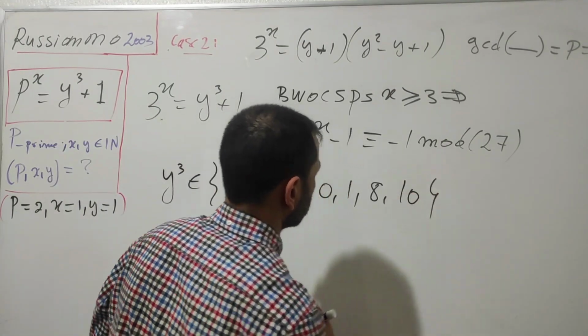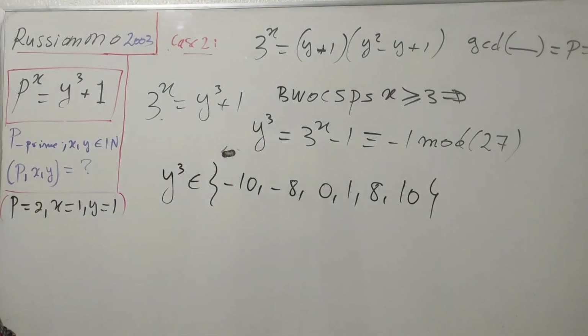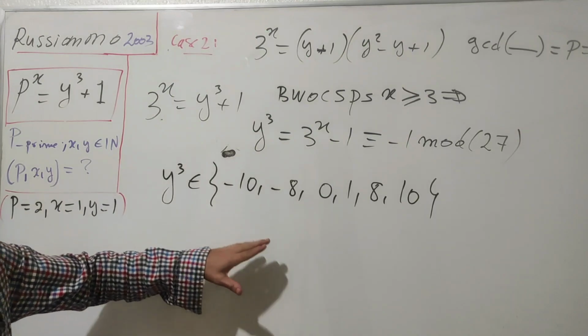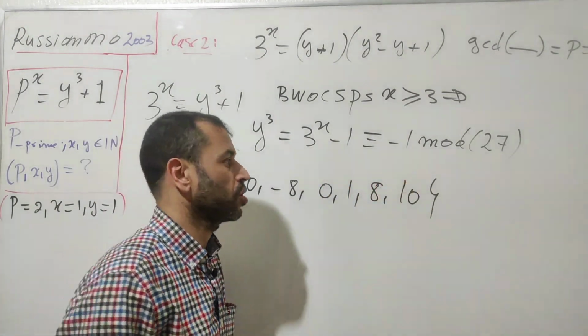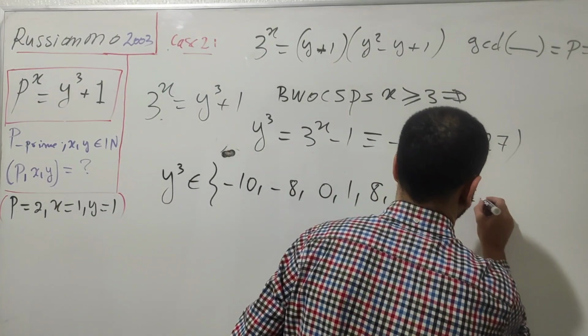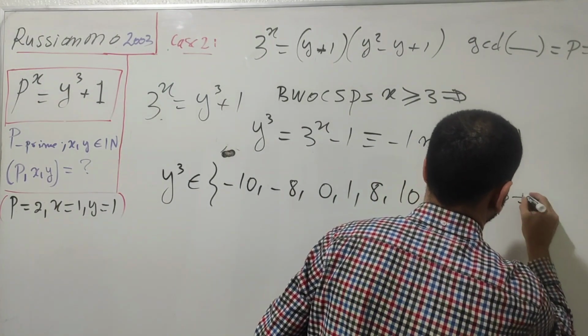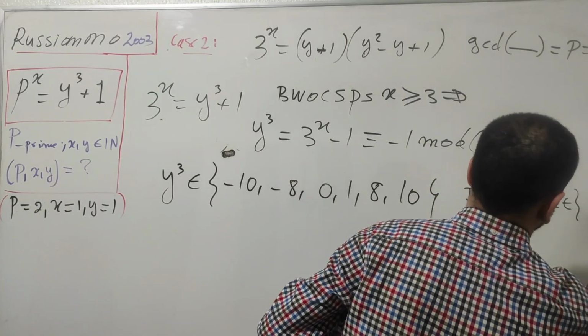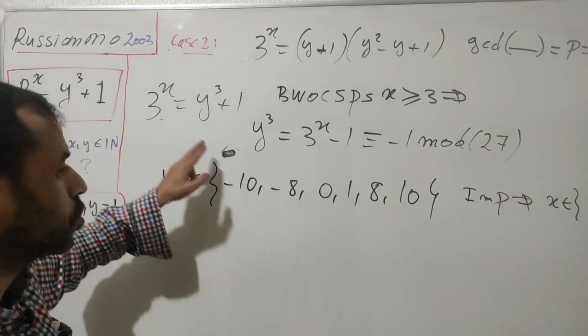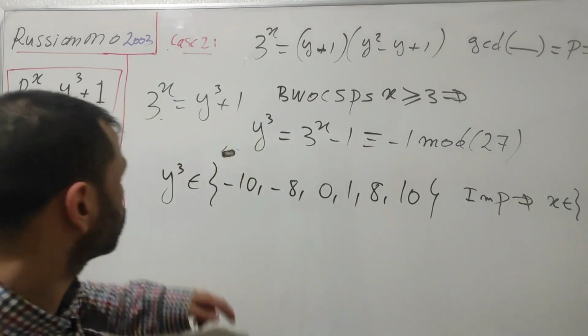Okay, that's the only remainders that we are going to find, which means we'll have an absence of minus 1 in this set, which means we have no solutions for this equation, which is impossible. This implies x must be in this set, 1 and 2 only.